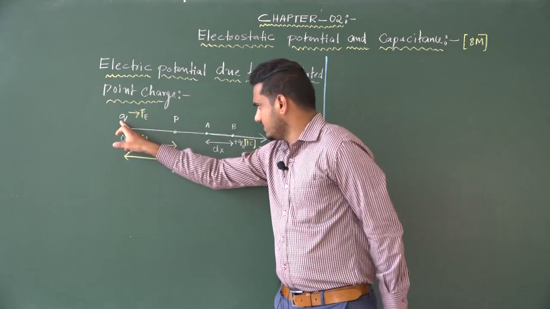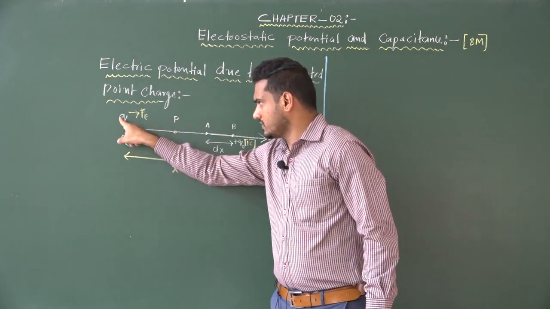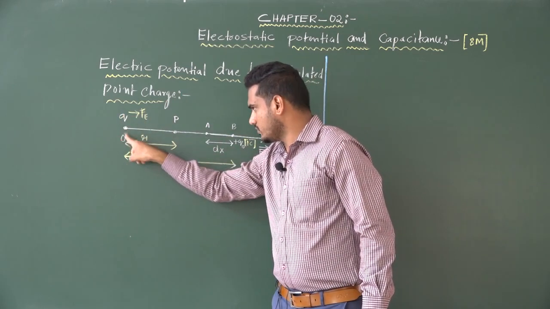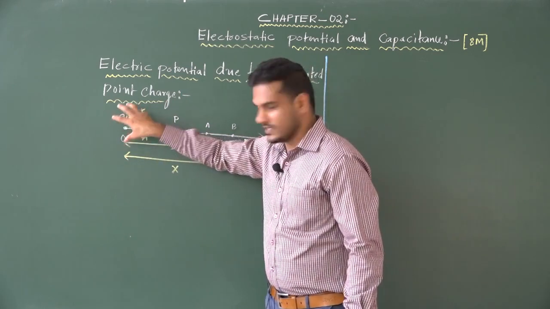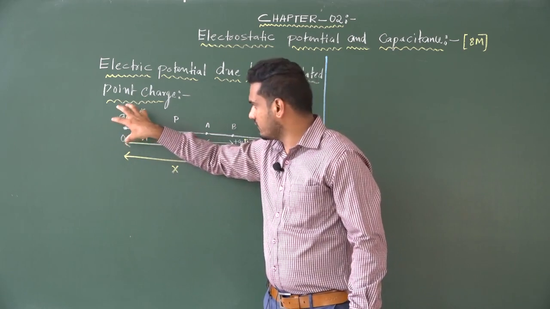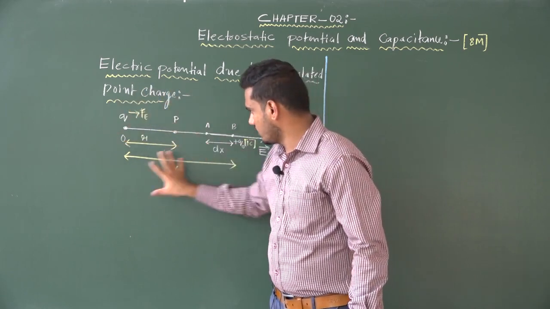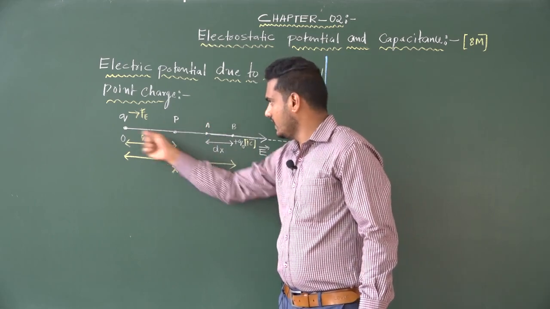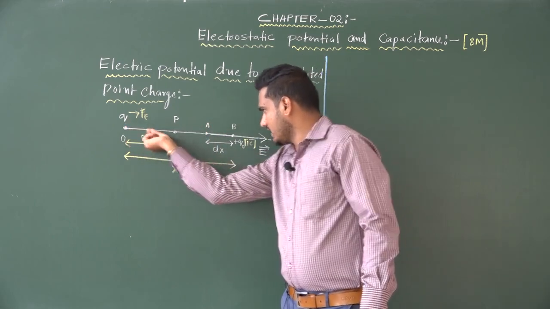I consider an isolated positive point charge placed at a point O. This point charge produces an electric field in the space around it. So in the region of the electric field, I am drawing one electric field line.